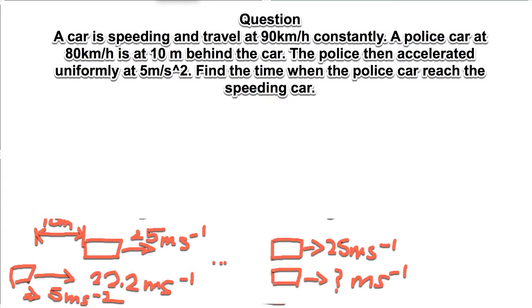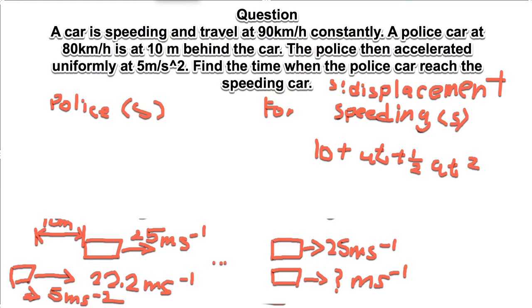Then we can consider the distance traveled by both cars respectively. Let's consider the speeding car first. Firstly, it's 10 meters in front of the police car. Then we can use s equals ut plus half at squared to find the distance the car traveled.